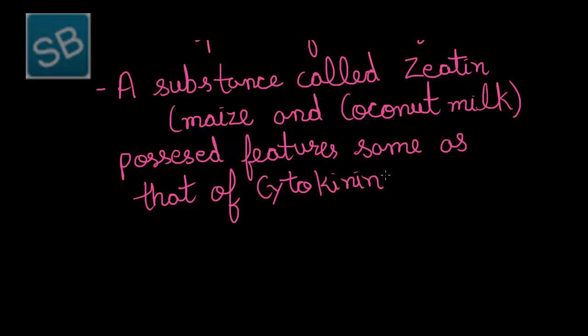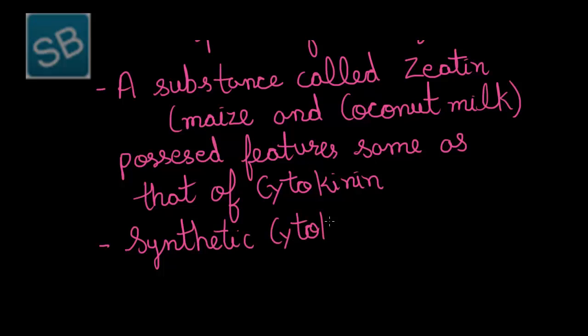And because of this, it was possible to naturally extract the cytokinin and its effect. However, before that, it was not possible to obtain cytokinin in a natural manner, and so synthetic cytokinins were prepared. But after the discovery of zeatin, it was possible to obtain cytokinin in a natural manner.